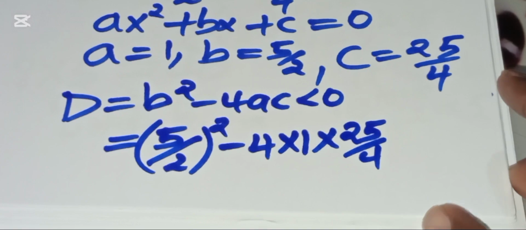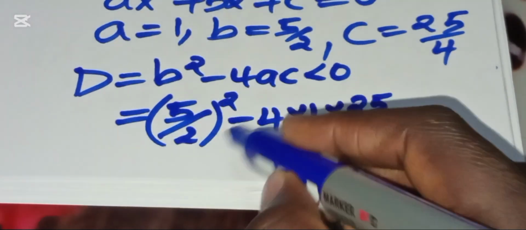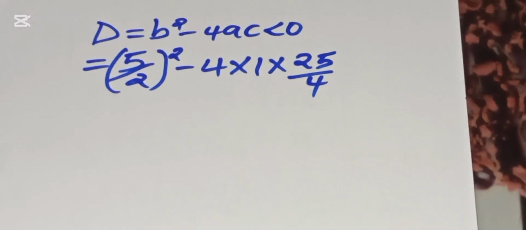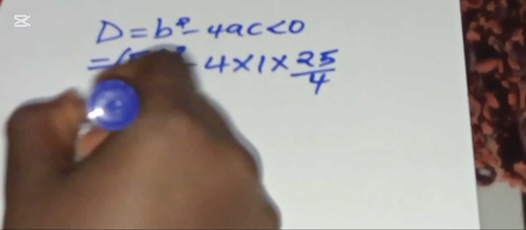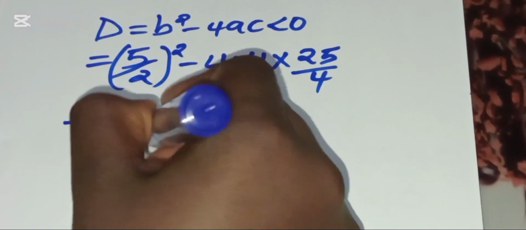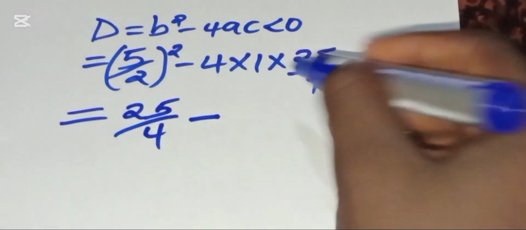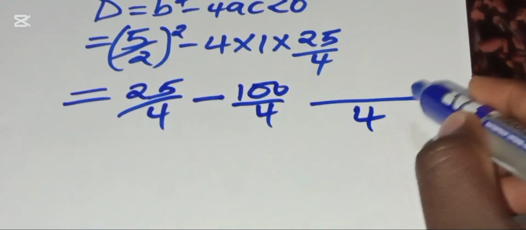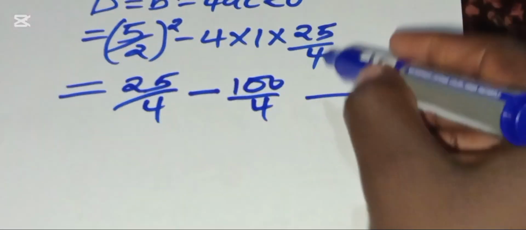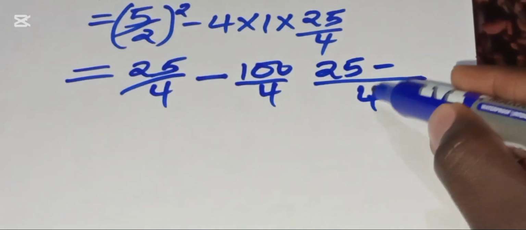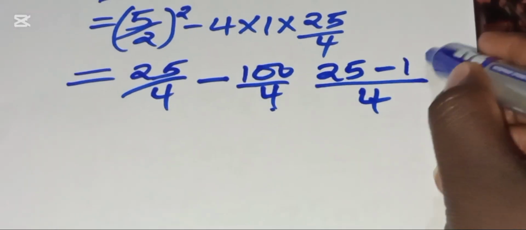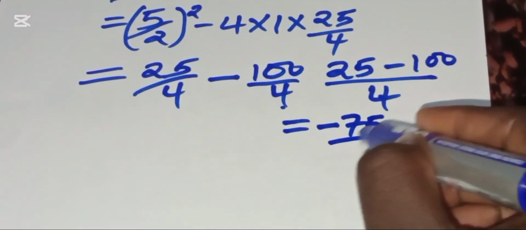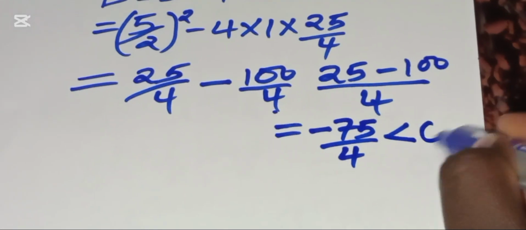This is equal to 25 divided by 4 subtract 25 times 4, which is 100, divided by 4. If you get the LCM here, 4 divided by 4 is 1 times 25, this is 25, subtract 4 divided by 4, which is 1 times 100, this is 100. So here we have negative 75 divided by 4, which is less than 0.